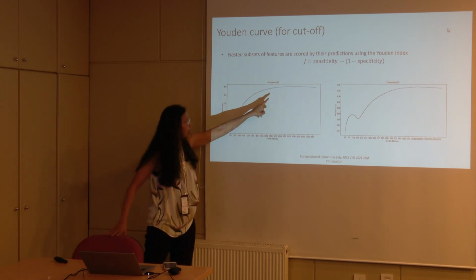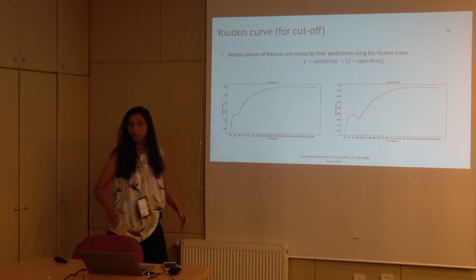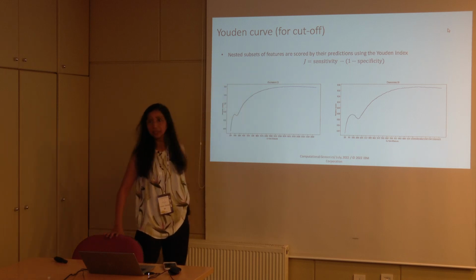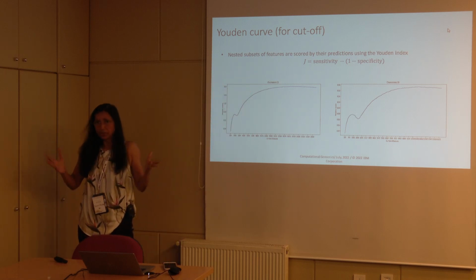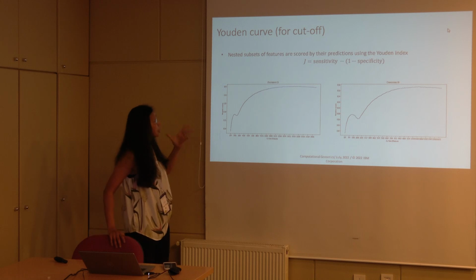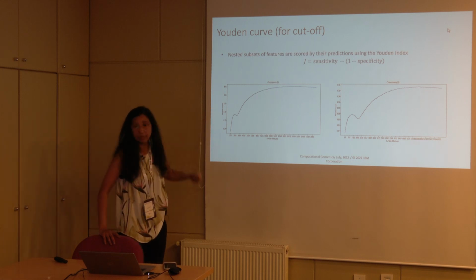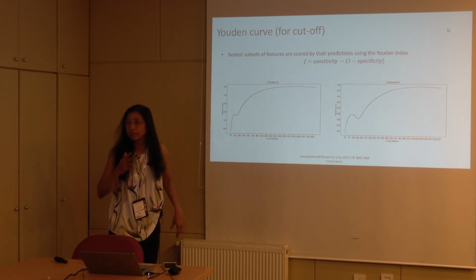Of course, it does go up again. The performance you're seeing here is the Youden index, which is a combination of sensitivity and specificity. You can use any other score; there's some reason why we picked this, though I'm forgetting the exact reason. So this was our choice for picking the features.